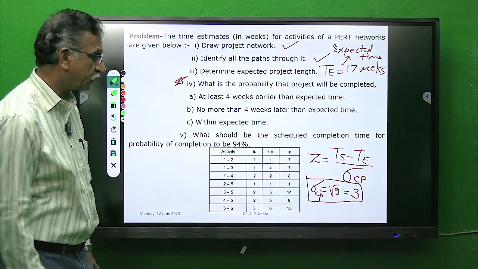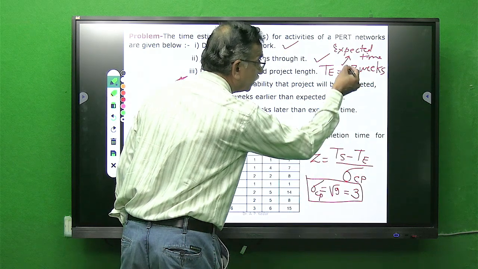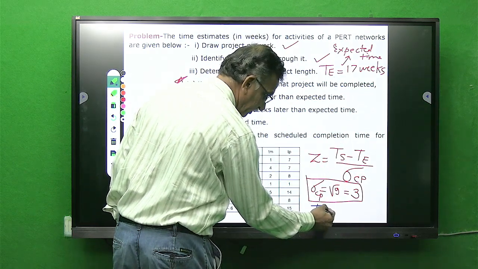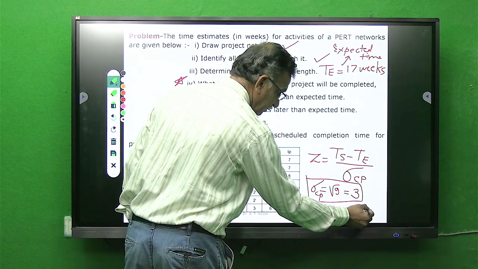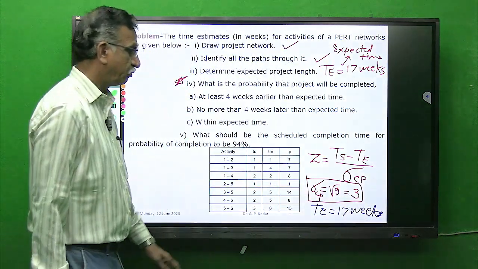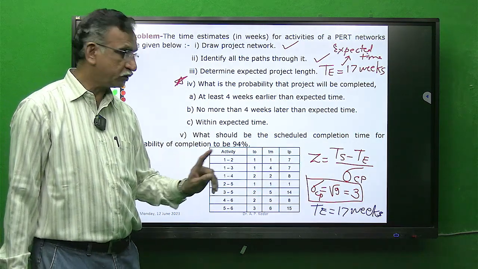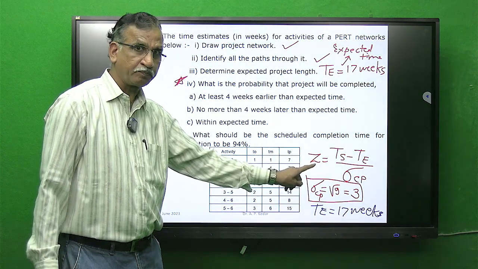Now important is this TE. Here this TE we have evaluated as 17 weeks. What we are supposed to do is find the value of probability.